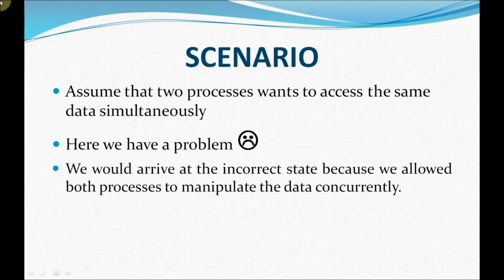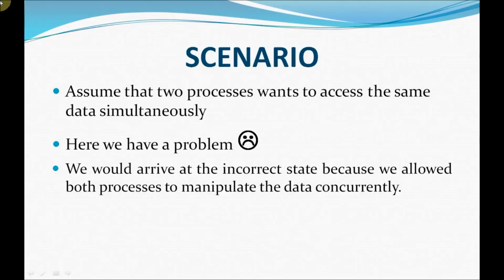When two processes want to access the same data simultaneously, one of the processes may access incorrect data. So one of the processes may read incorrect data from the other process. This problem is nothing but a race condition.